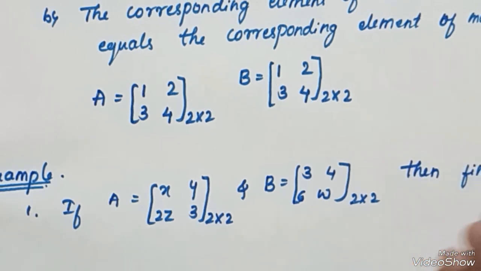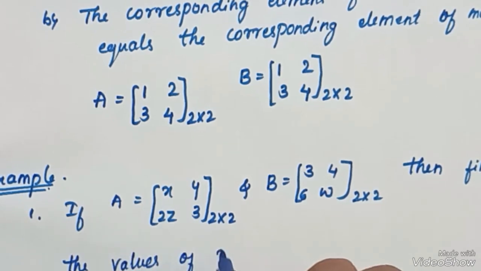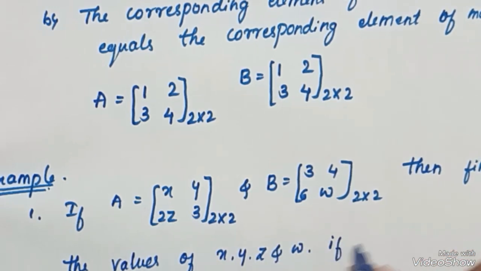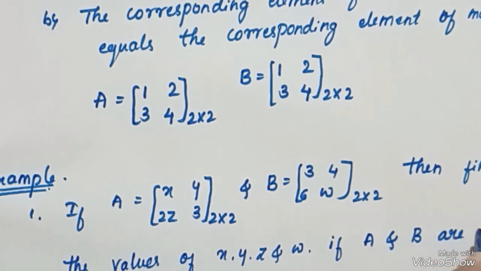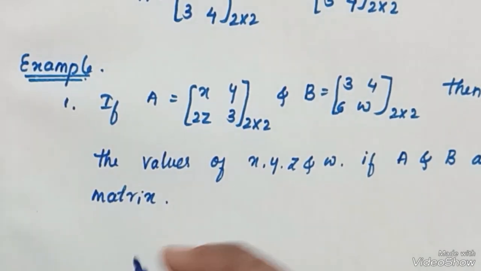Find the values of x, y, z and w if A and B are equal matrices.